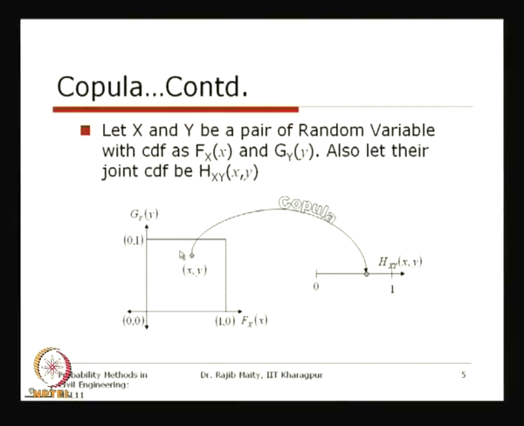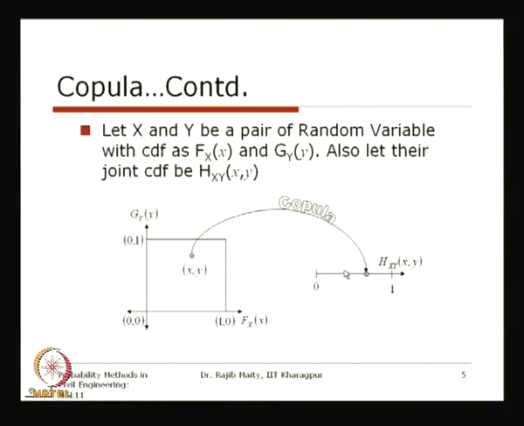Again, the same pair of x and y will correspond to another point over this line from 0 to 1, which is their joint distribution, Hxy. So these two points, one on this unit square and the other on this line between 0 and 1, basically represent the same pair of x and y.